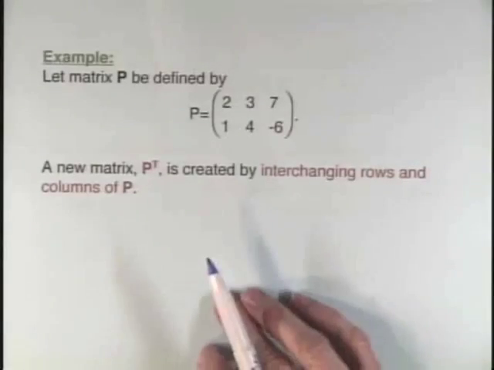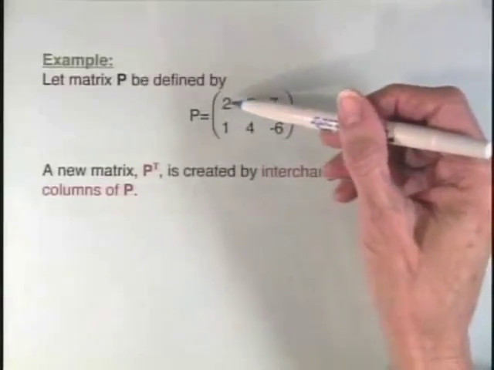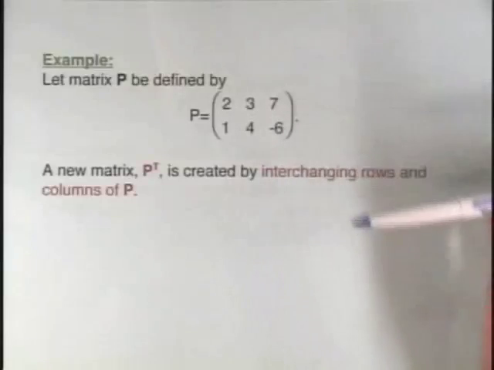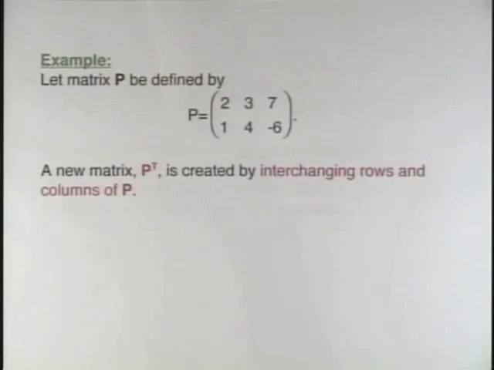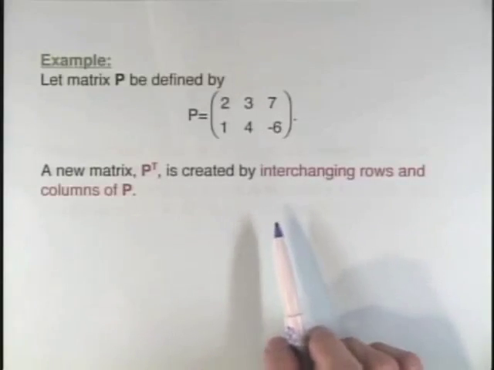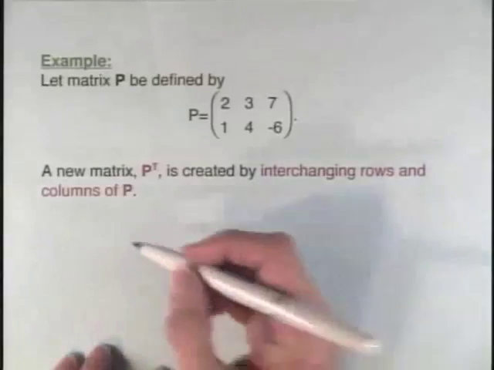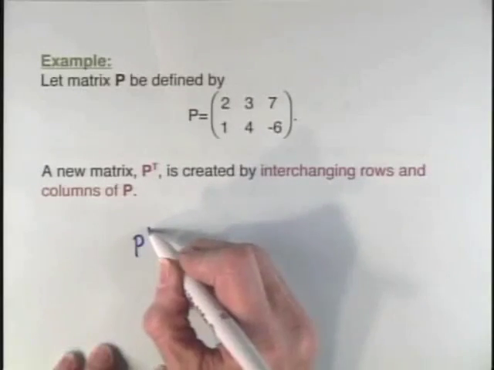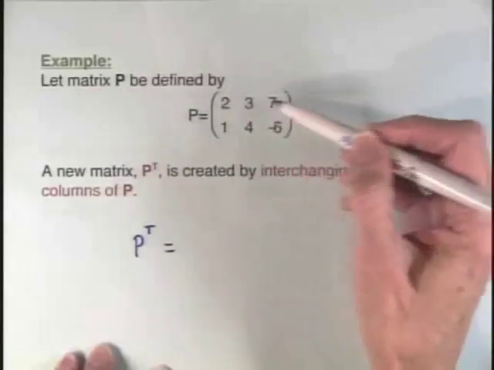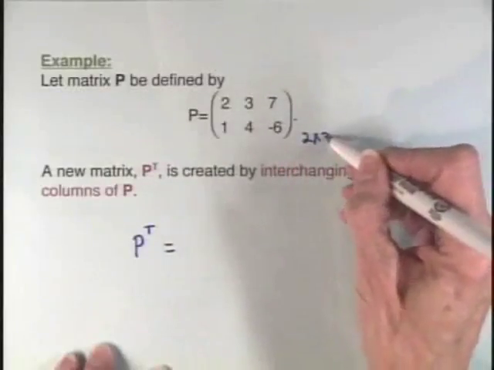Let matrix P be defined by P equals, in the first row, 2, 3, 7. In the second row, 1, 4, -6. A new matrix, P transpose, is created by interchanging rows and columns of P. So P transpose equals... P is a 2-row by 3-column matrix.